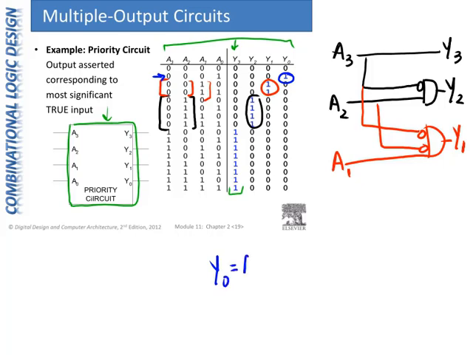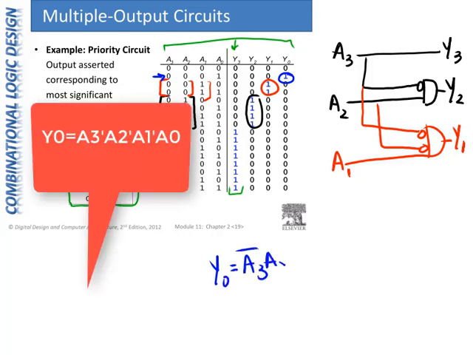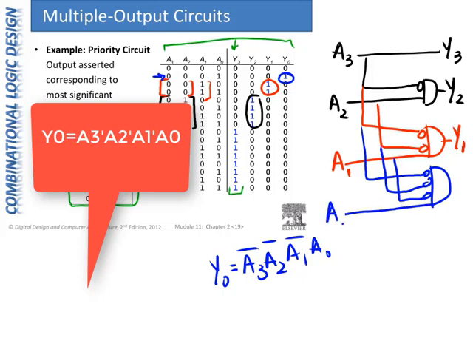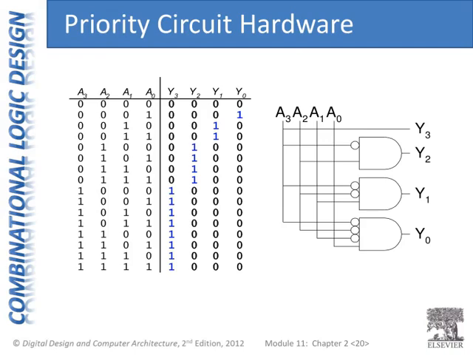Y0 is going to be A3 bar, A2 bar, A1 bar, and A0.